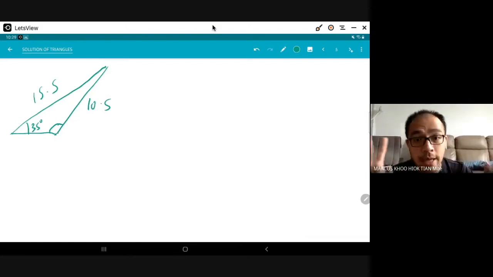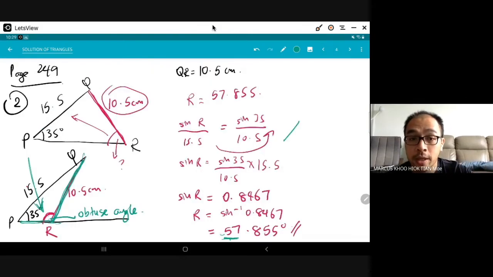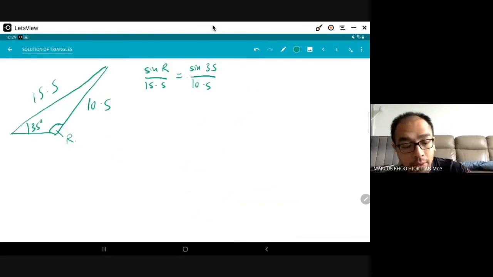So we do the same process. I'm going to call this angle R. So sine R over 15.5 equals sine 35 over 10.5. We do the same steps like we did just now, same thing all the way, but this is where it is different.